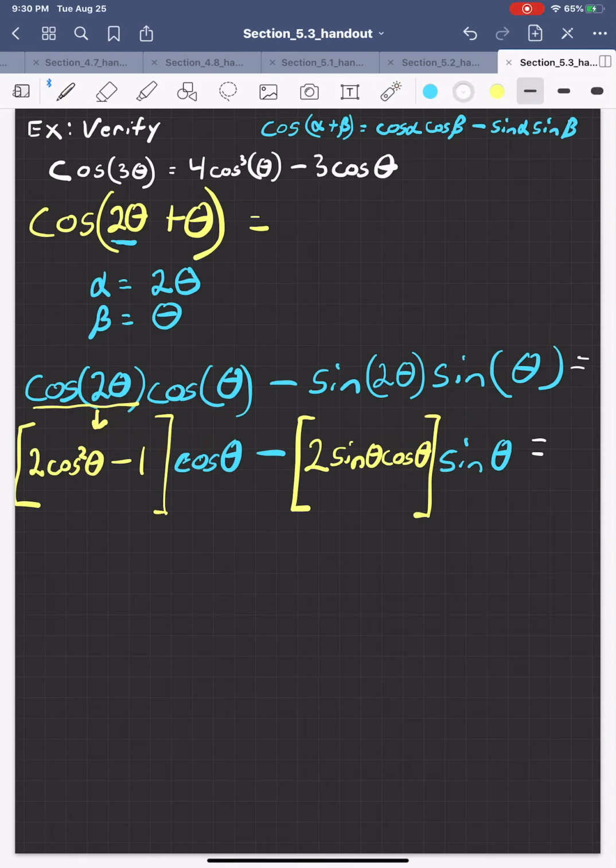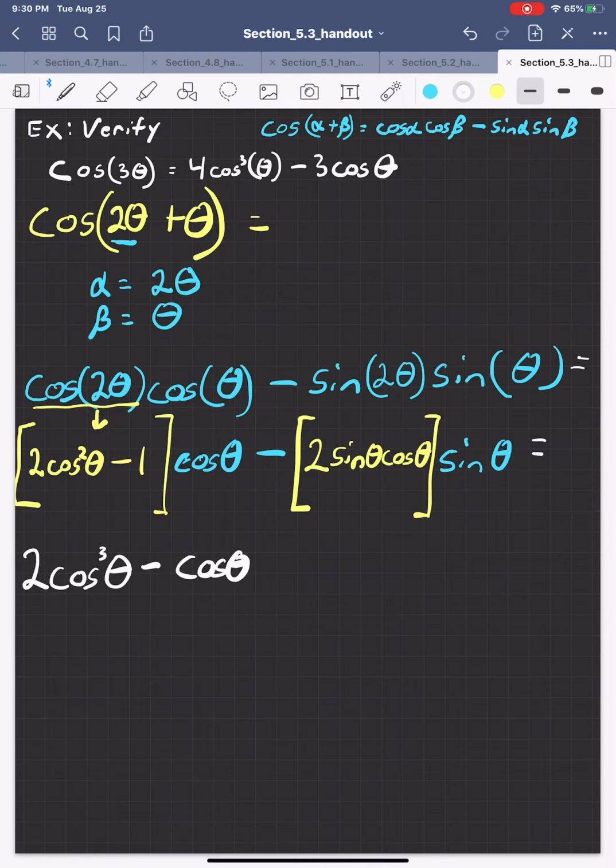So what would that look like? We have 2 cosine squared times cosine of theta. Cosine squared times cosine is going to be cosine cubed. And then we distribute here. So cosine times -1 is minus cosine of theta.